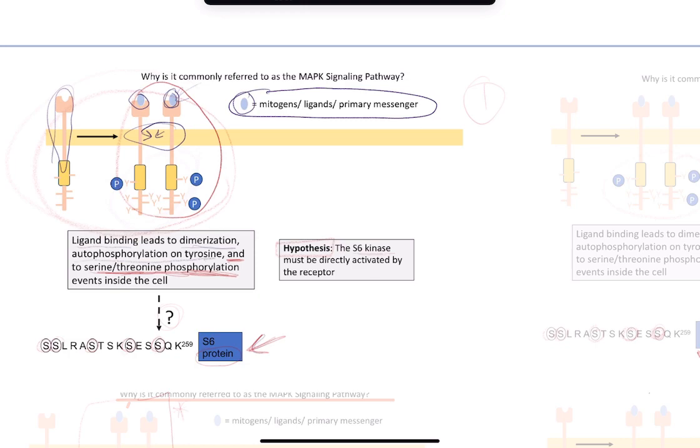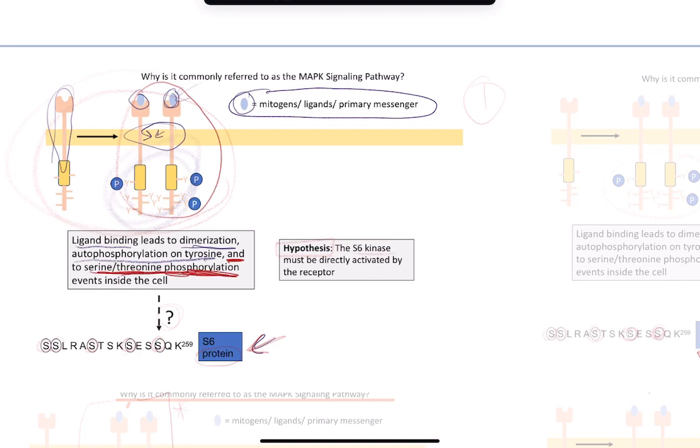But how come when they looked at the S6 protein, S6 kinase, they just used that as their specimen for this experiment, they noticed that after the mitogens bind and cause this whole autophosphorylation reaction to occur, that ligand binding leading to dimerization, which makes sense, and autophosphorylation on tyrosine, which makes sense, it also led to serine threonine phosphorylation?